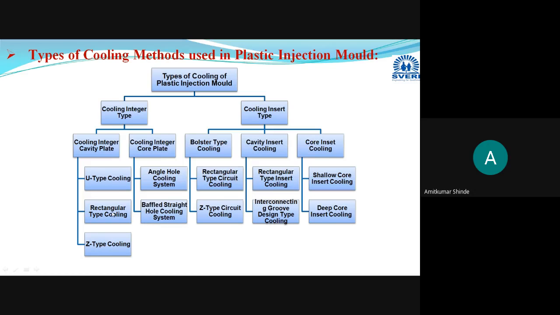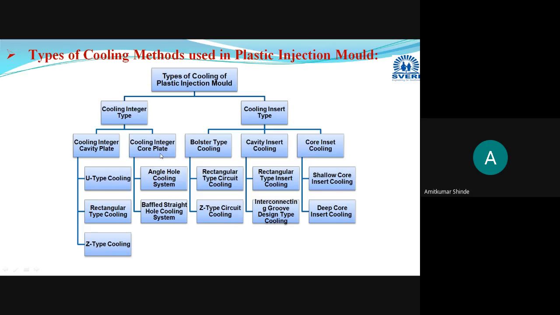Then depending on the cooling channel or cooling circuit used, this cooling integer cavity plate is classified in three types: U type cooling, rectangular type cooling, and Z type cooling.